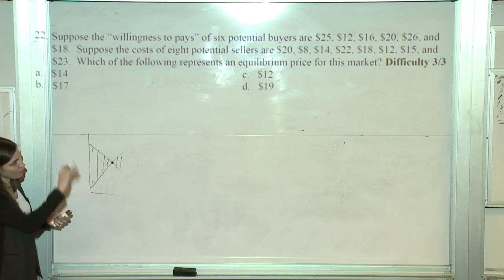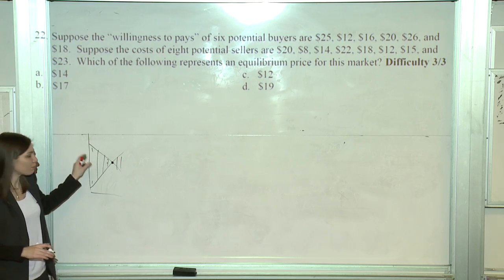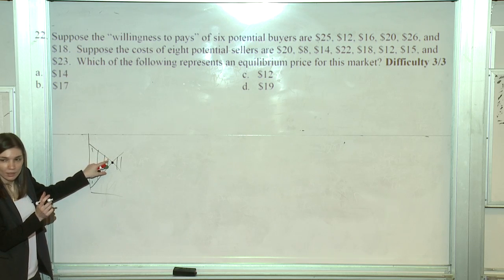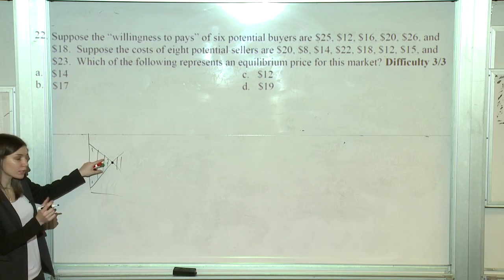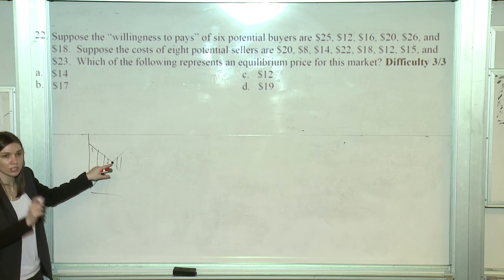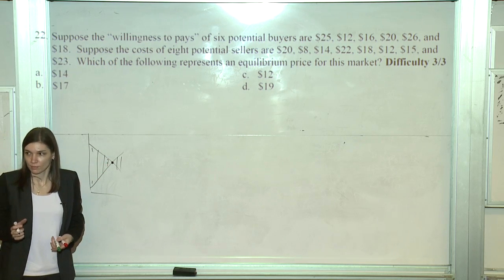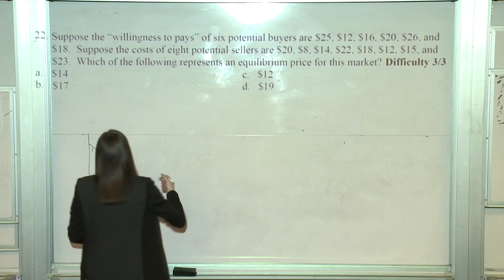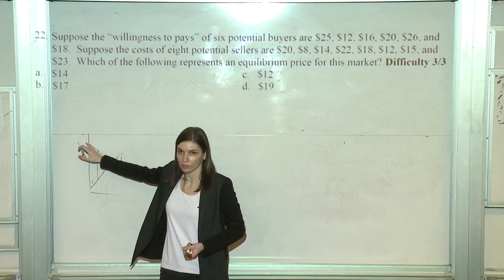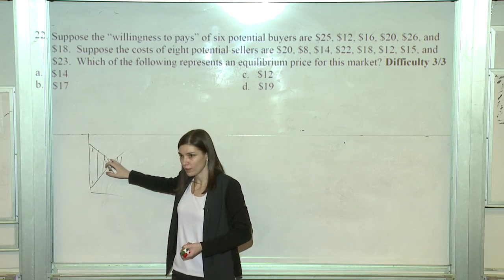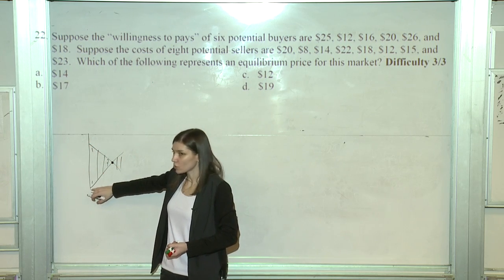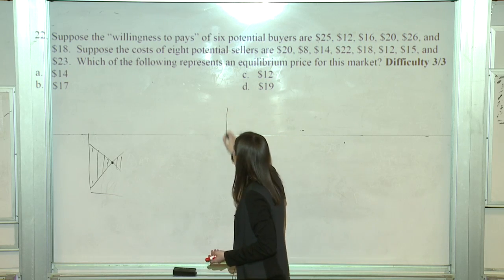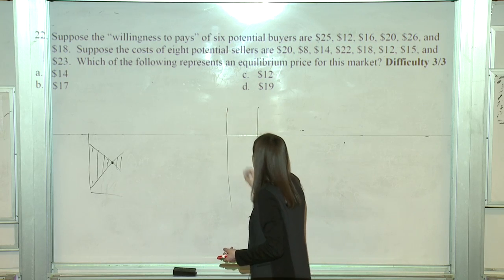But because we only have a few points on this curve, we're looking at the point at which the difference between the willingness to pay and the cost of supplier is the smallest, but still positive, right? So if we rank the buyers starting from the one with the highest willingness to pay, and the sellers starting with the one with the lowest cost, then we'll see when they're going to intersect.